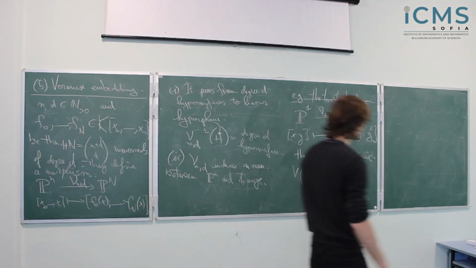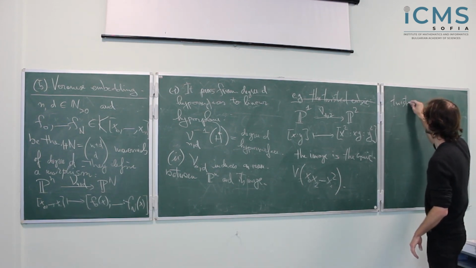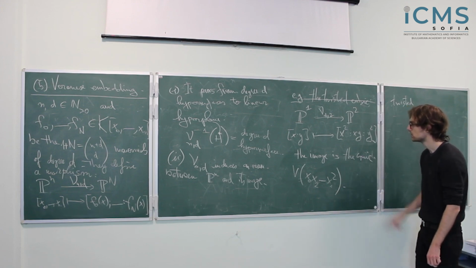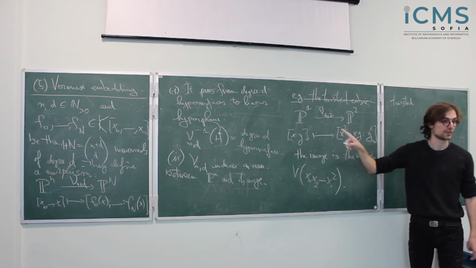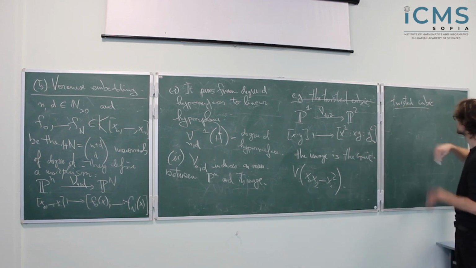Okay. Now, if you want to have the twisted cubic, you need more variables. You need to actually go to the third power. Actually, this is the twisted cubic. The method is more complicated.